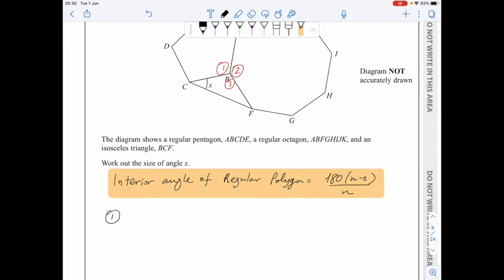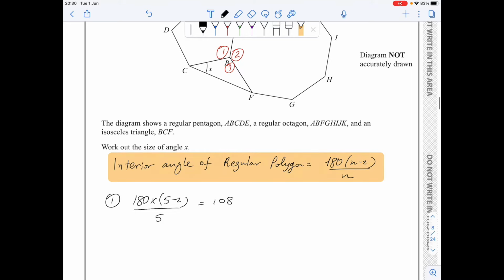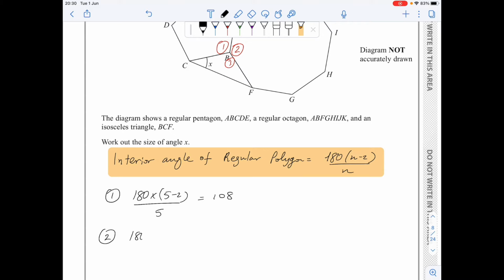So angle 1 is equal to 180 times (5 minus 2) over 5, which is 108 degrees. Angle 2 is equal to 180 times (8 minus 2) over 8, which is 135.